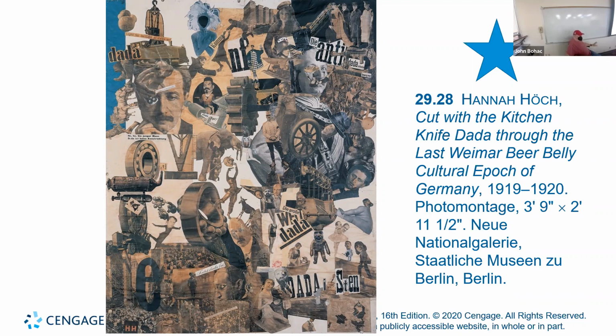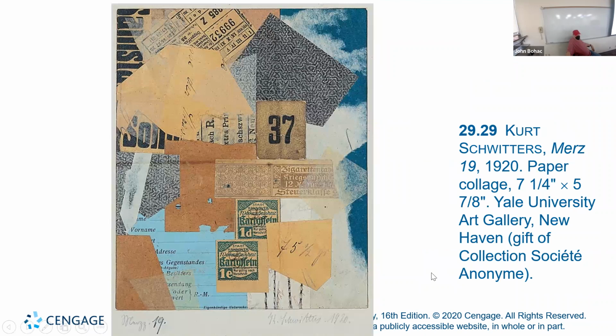And so you got a lot of artists who are basically political protesters, and photo montage actually becomes kind of one of the main media they use. And here's a guy who worked with them. His name's Kurt Schwitters.